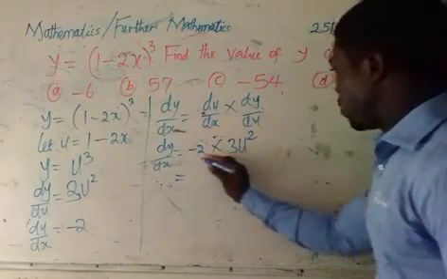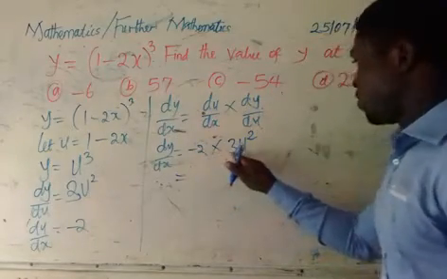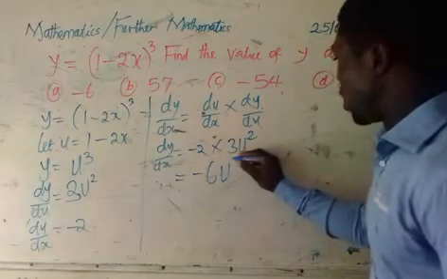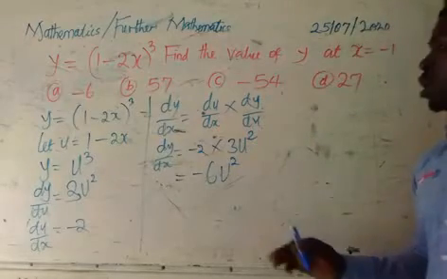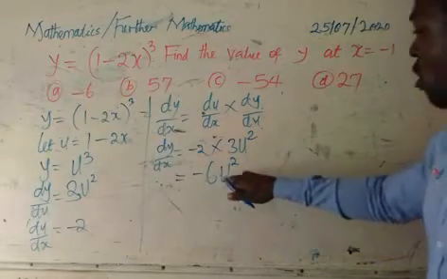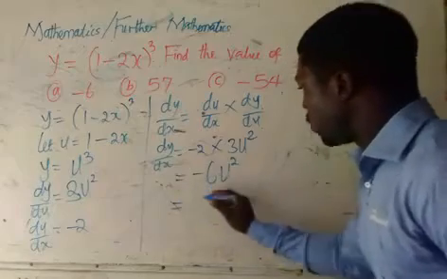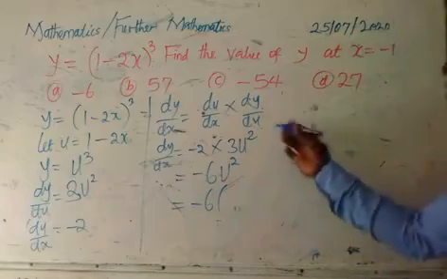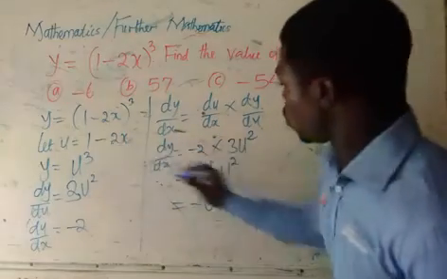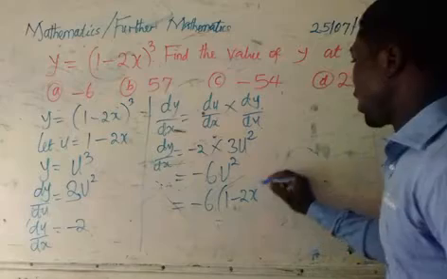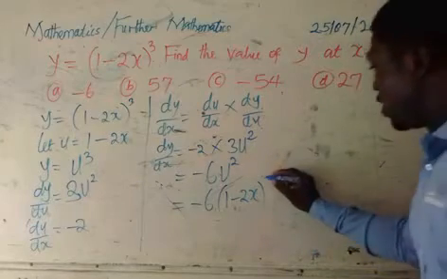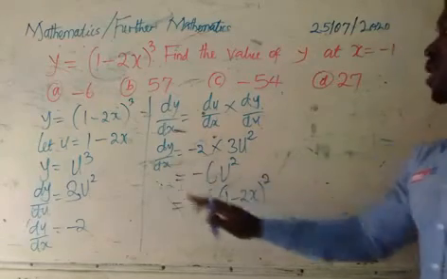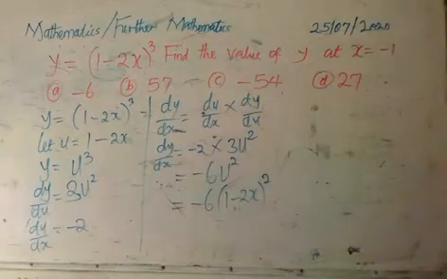And when you do that, you have minus 2 times 3, you have minus 6, then u raised to the power of 2. If you substitute the value of u into the expression here, we're going to have negative 6 into (1 minus 2x), all raised to the power of 2. So this is the change that occurs in the function.